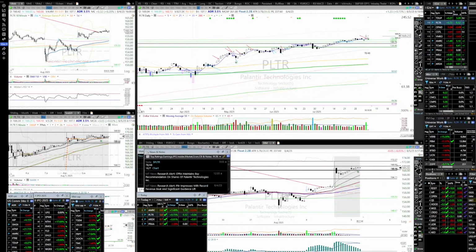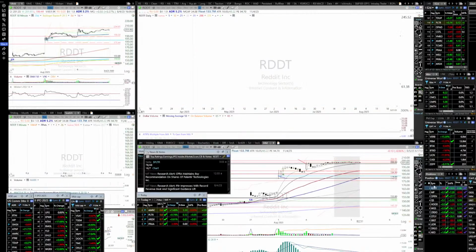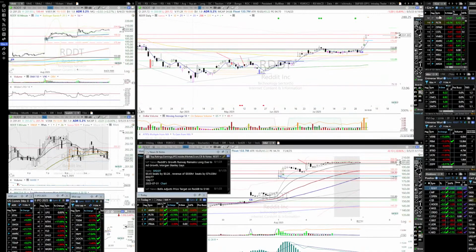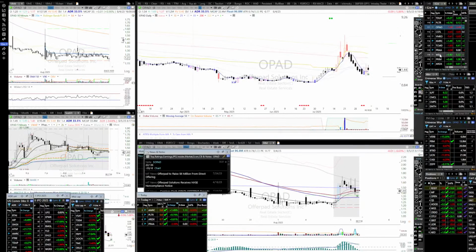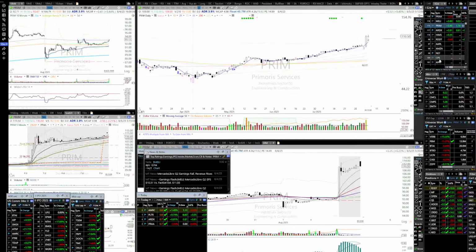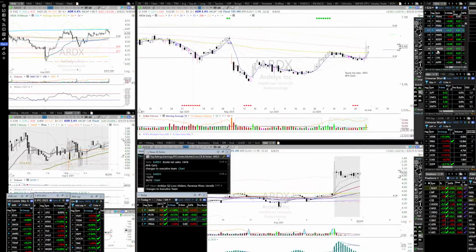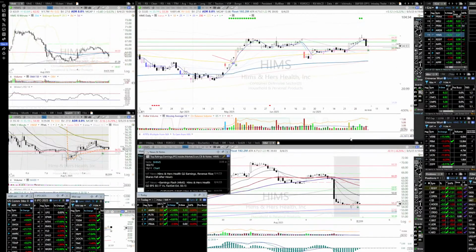Probably not going to trade this actually. But it depends on how it moves. So this one's down. That's interesting.